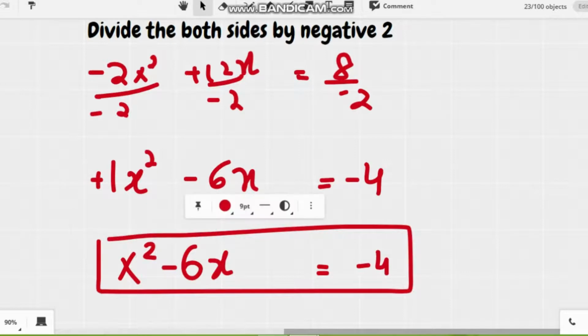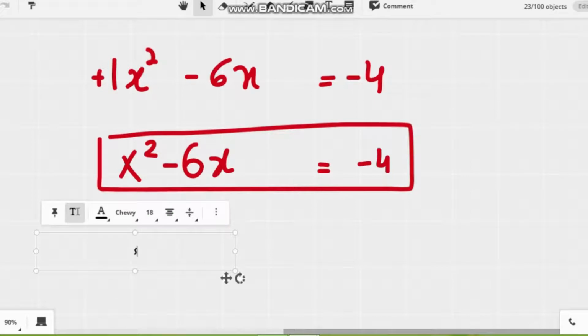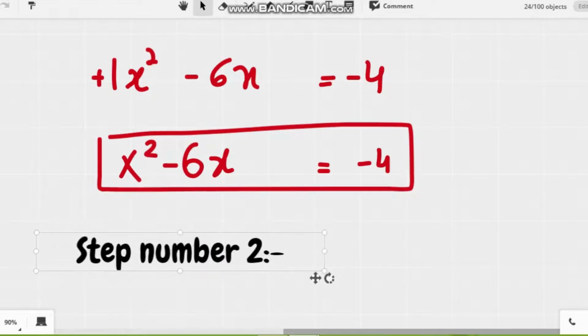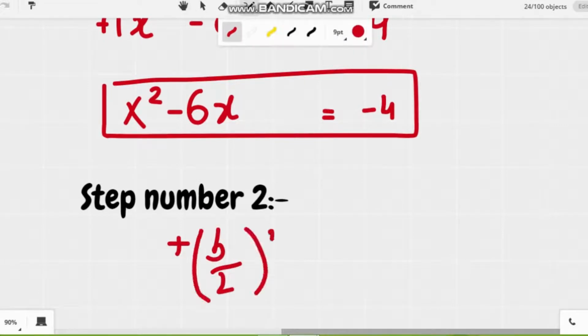Step number 2 is you have to add b divided by 2, whole square, on both sides.